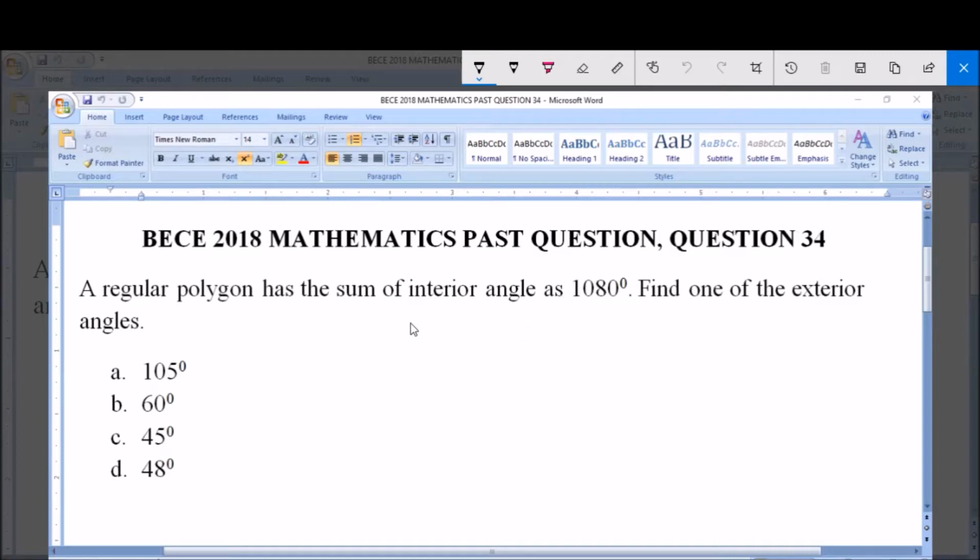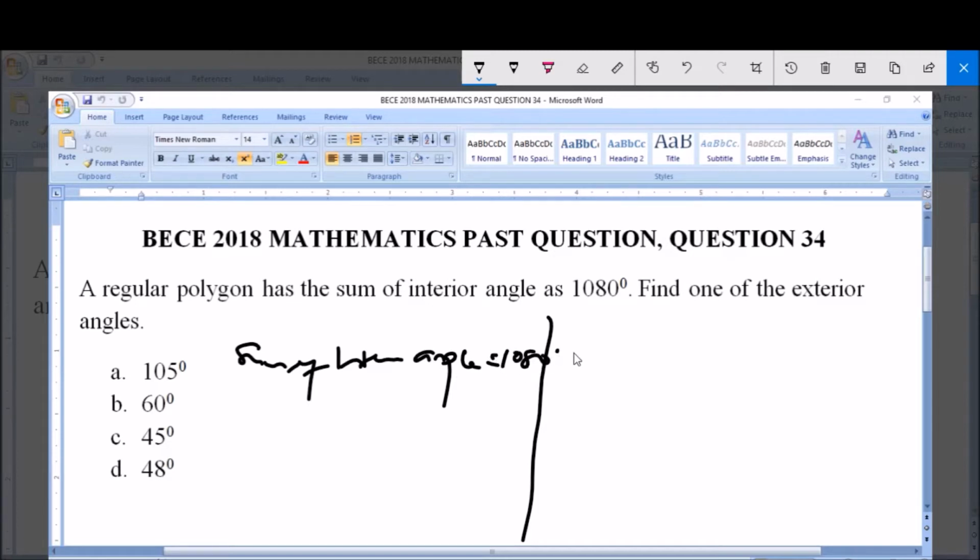So, a regular polygon has the sum of interior angles as 1080 degree. So the sum of interior angle is equal to 1080 degree.